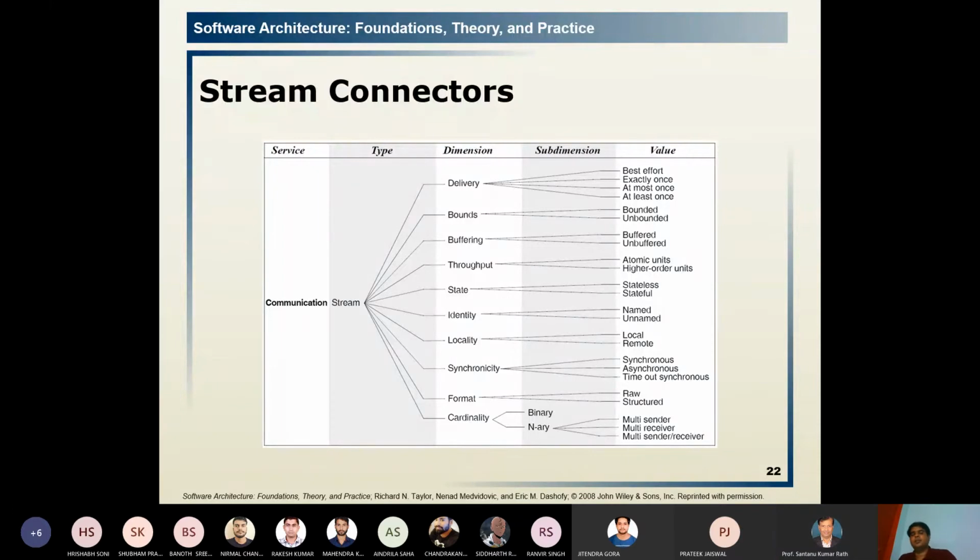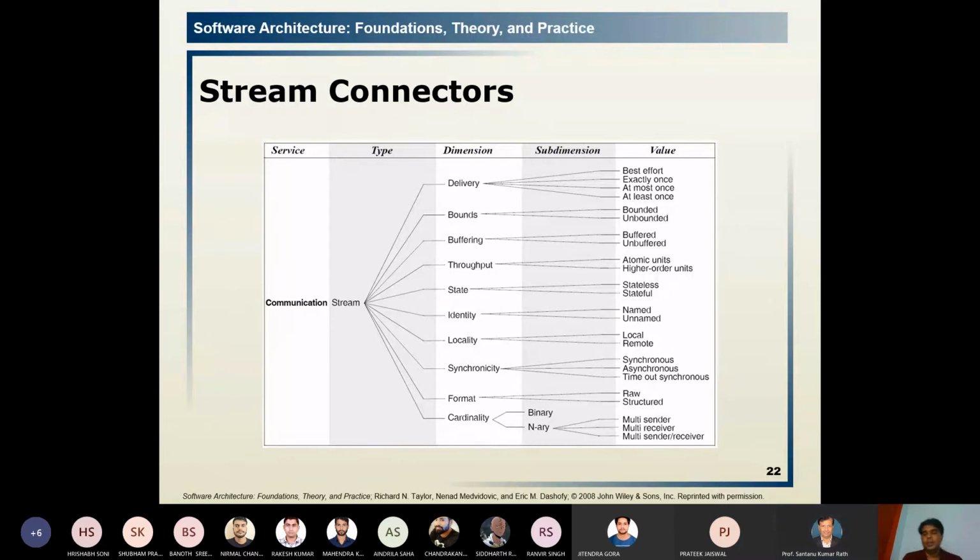Then state, whether it is stateless or stateful. Then identity, whether it has a proper naming identity or it is unnamed. Then locality, whether it is a local or remote location. Then synchronicity: synchronous, asynchronous, and timeout synchronous.